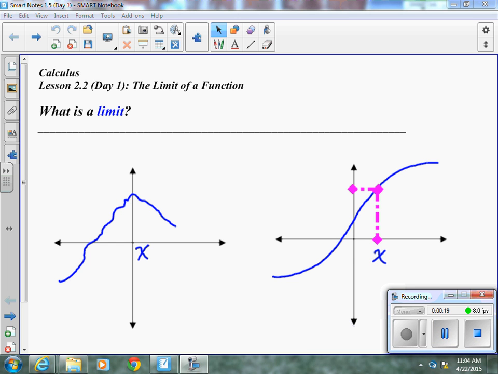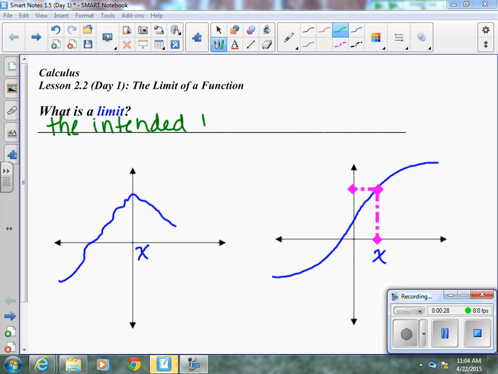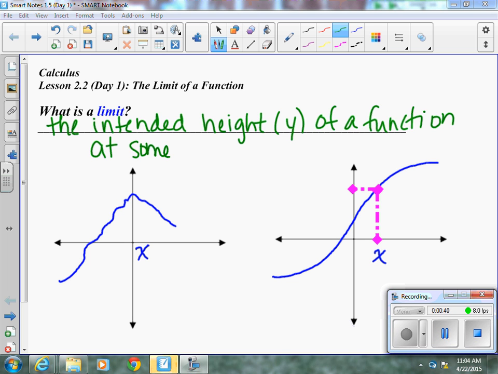A limit technically can be defined as the intended height y of a function at some point x in the domain.